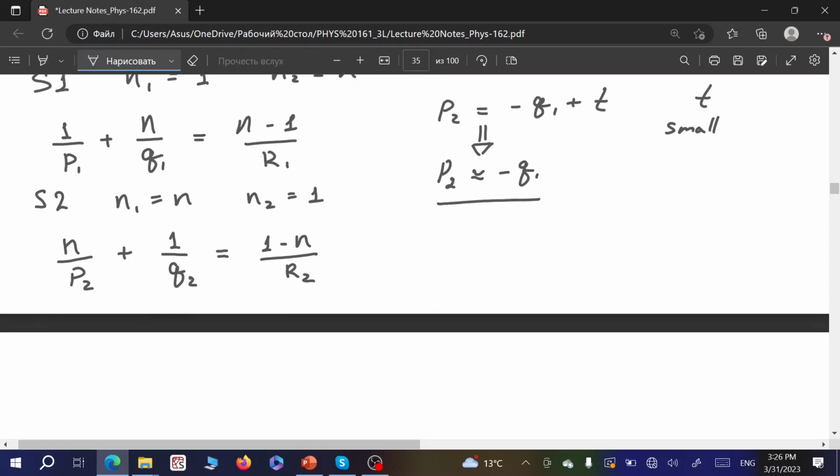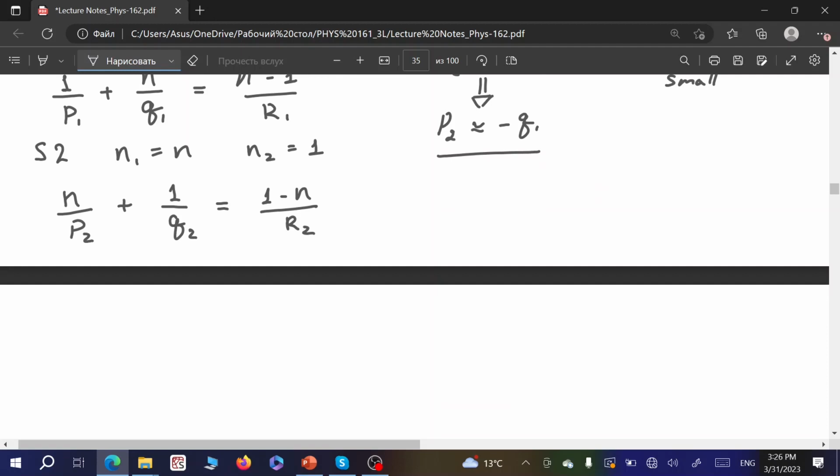So now we can substitute this expression for P2 in our second equation.